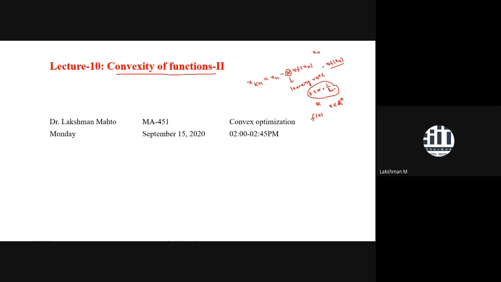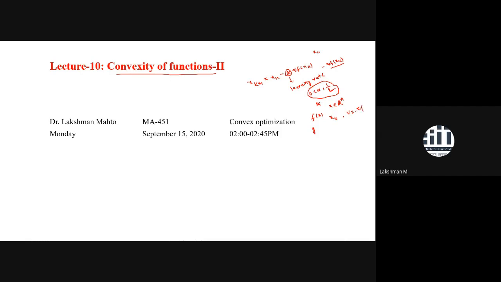In that perspective, you will define a new function g. Your current point is xk, and you have a direction. That direction we are calling the descent direction. That direction v is given by the negative of the gradient at point xk.